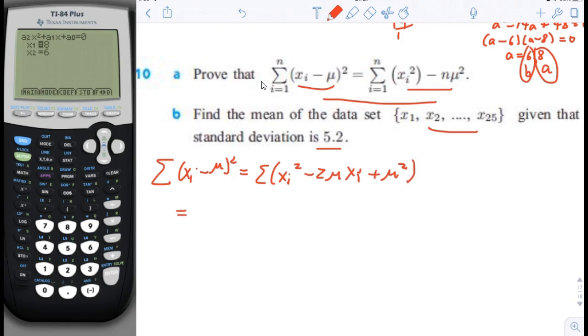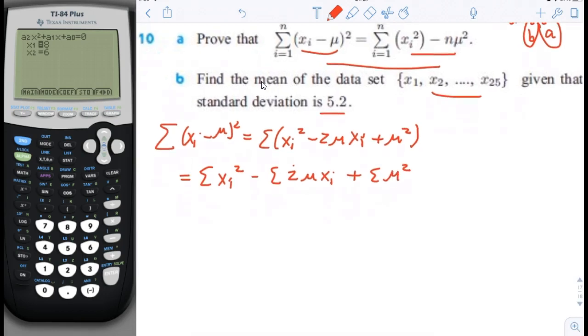And then we're going to distribute the sigma. So we'll have sigma of xi squared minus sigma of 2 mu xi plus sigma of mu squared.